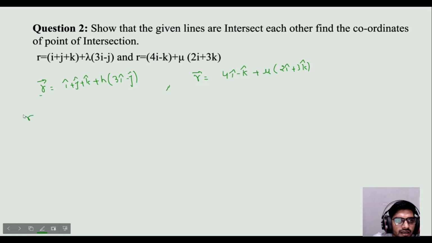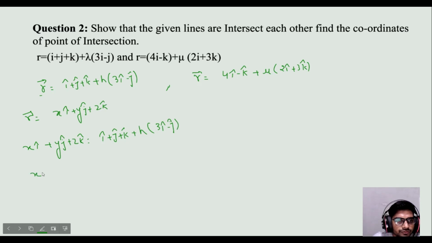So what is r? r is given by xi plus yj cap plus zk cap. Then put these values in it. So xi cap plus yj cap plus zk cap equals i cap plus j cap plus k cap plus lambda times 3i minus j.